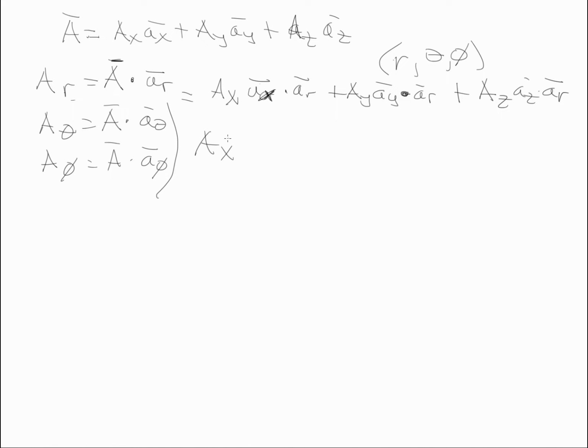And you look at the next table, I think it's 1.2, and you find that AX dot ar is equal to sine of theta cosine of phi, plus AY, which is going to be sine theta sine phi, and then we have plus AZ cosine of theta. And again, I got all these values by looking them up from table 1.2.